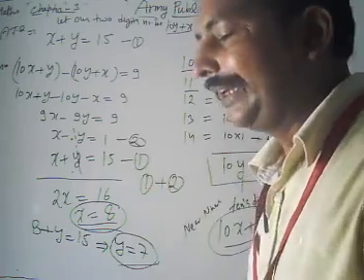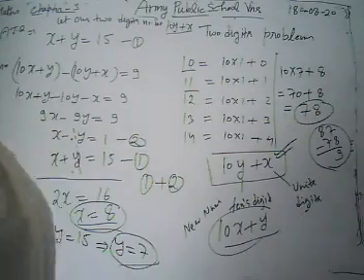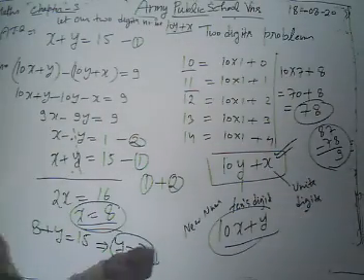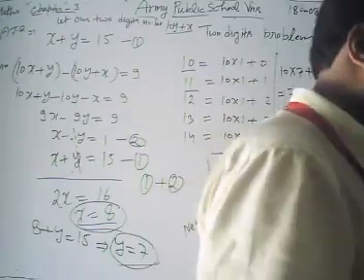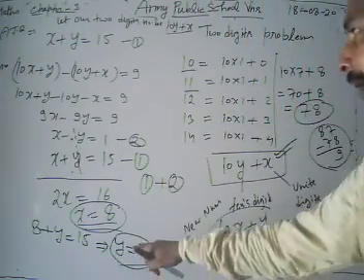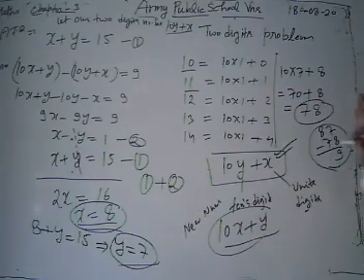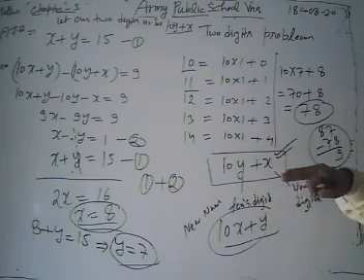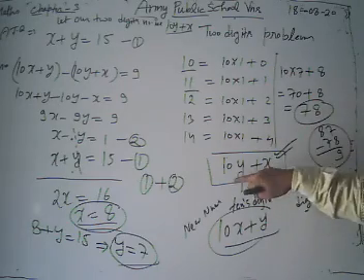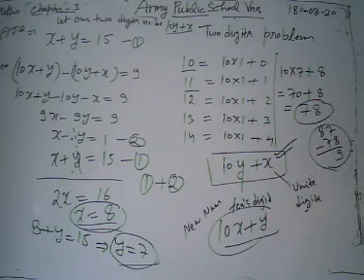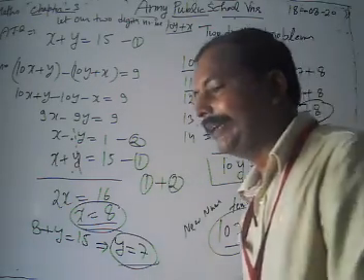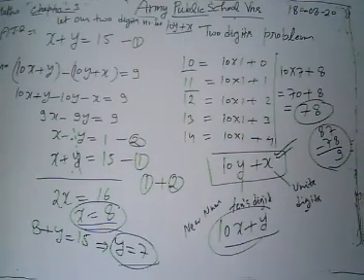Now we use the elimination method to get the values of the variables. Then we get x is 8 and y is 7. Getting the values of x and y, we put them in to find our two-digit number. Then we get our two-digit number is 78. This is our solution.